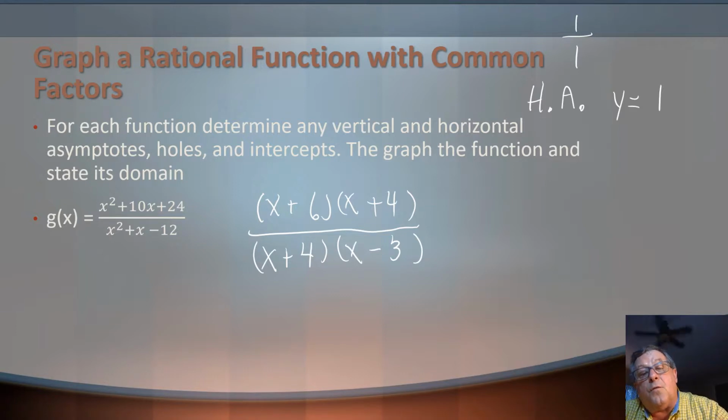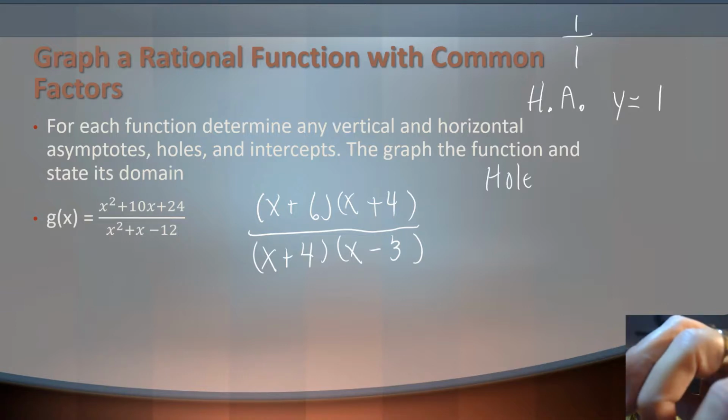Now, look what I've got. I've got an x plus 4 in the numerator, and I've got an x plus 4 in the denominator. And so at that point, x cannot equal negative 4, correct? And x also cannot equal 3, so I can knock out two things. So I'm going to have a hole. We're going to have to come back to this hole in a minute.